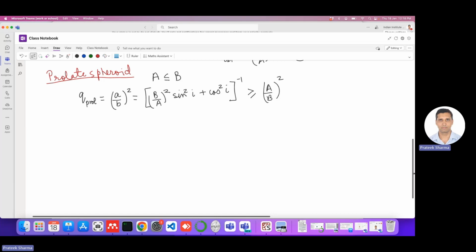Shouldn't the A by B values be related to the angular momentum? Yeah, they are. If you're an oblate system, you have higher rotation in general. That's correct. But here we're not talking about dynamics, we're just doing geometry essentially.